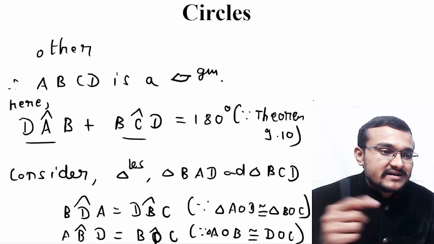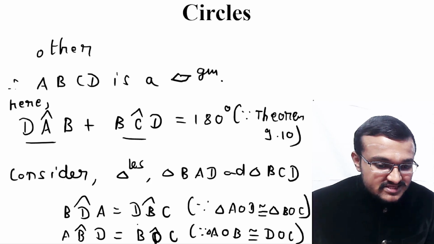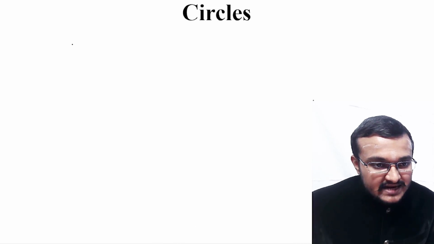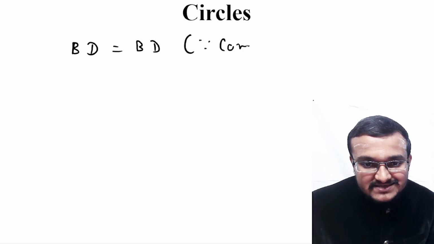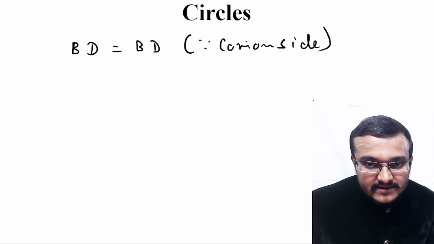So this angle is also equal to each other. And here BD is equal to BD, because they act as a common side for both the triangles.